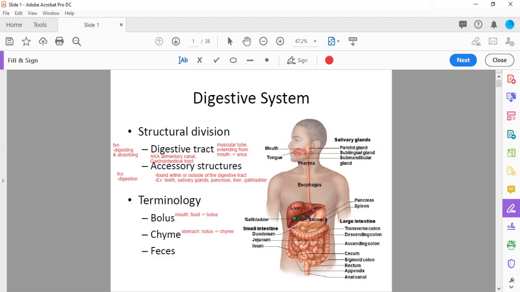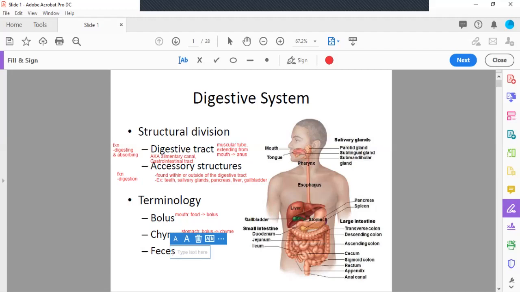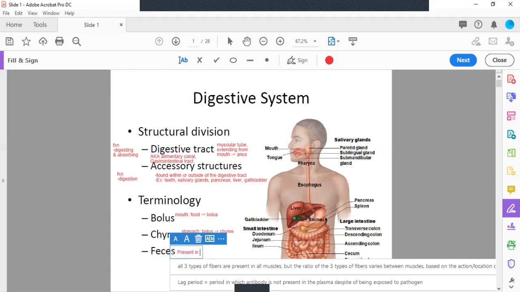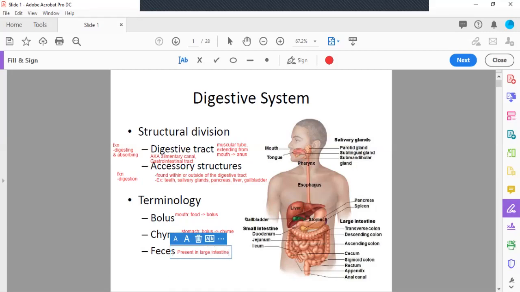Where is the first site you find chyme? Very good, your stomach. Now, the last site in which you find chyme is going to be the end of the small intestine, while feces is present in the large intestine.